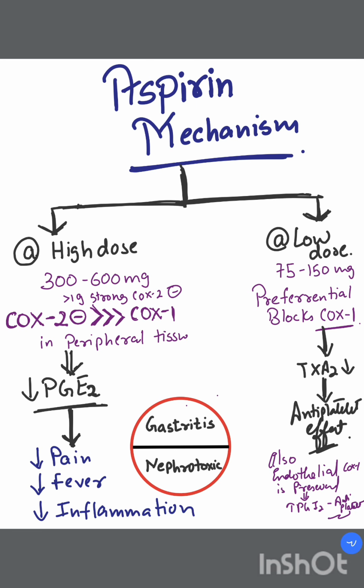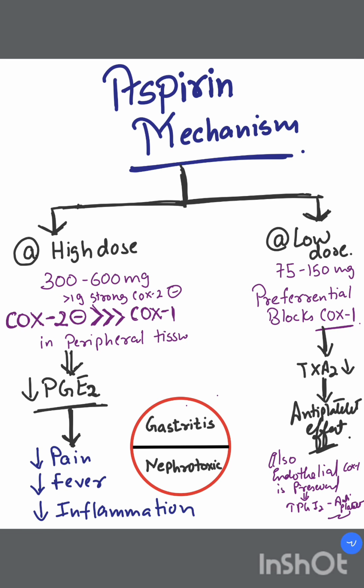It can be nephrotoxic. And also, at the same time, if we prescribe aspirin at low dose, it preferentially blocks COX-1, which is present in platelets. It irreversibly acetylates the COX-1 present in platelets, leading to a decrease in the production of thromboxane A2, which has an antiplatelet effect.